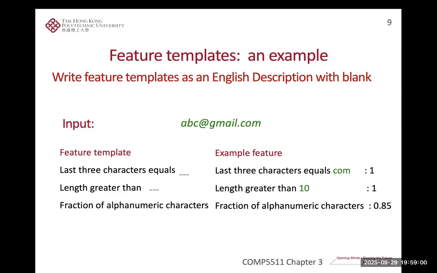If the string length is greater than something, we use 10 as a threshold. As long as it is greater than 10, then the value of this template will be 1. And the fraction of alphanumeric characters is less than some threshold. For the input string, we can say, okay, 0.85, which has a high possibility, based on domain knowledge, of course.